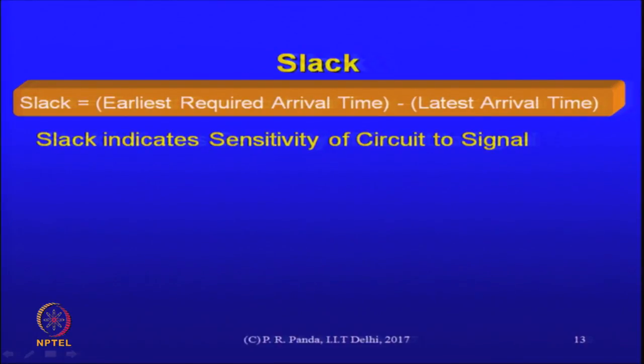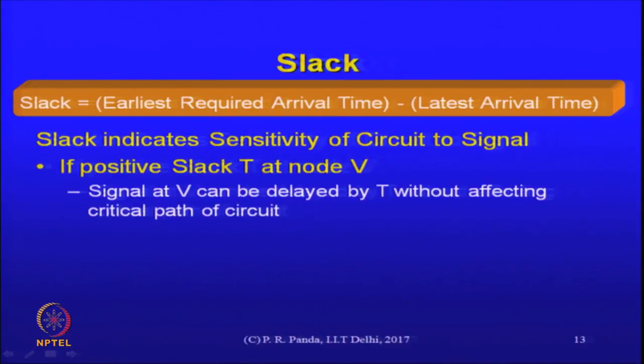That slack indicates the sensitivity of a circuit to a signal, in the sense that if the required arrival time is something, but the latest arrival time according to the circuit that you have designed and according to the numbers that we have for the gates is something that is less than the required arrival time, that means that there is a positive slack at that node. At that node means at that net that corresponds to that node. That signal that is there at the node could be delayed a little bit without affecting the critical path of the circuit.